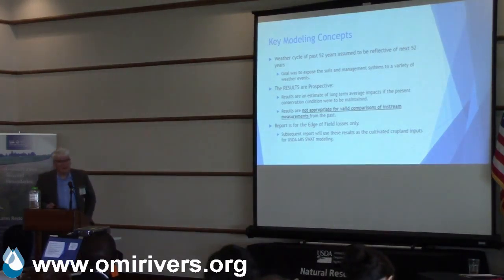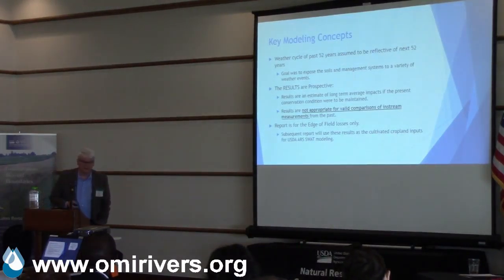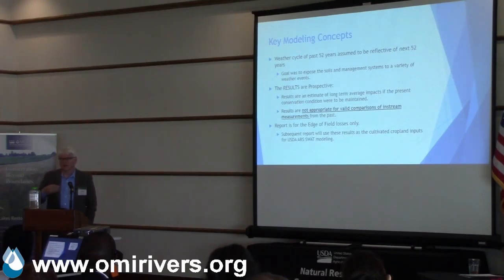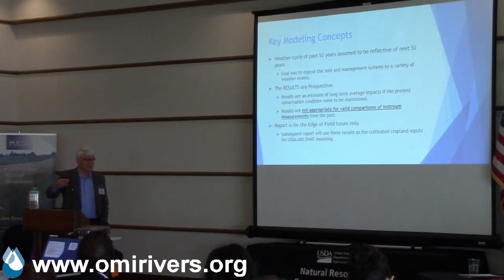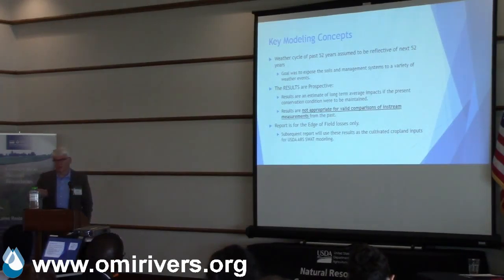So some key modeling concepts to understand about this information. One is that we use the past 52 years of weather as a surrogate for the next 52 years. This is a prospective modeling approach. We capture the practices that were there from 2010 to 2012 and model them such that if they were to stay in place for the next 50 years, these are the average annual results that you should expect.